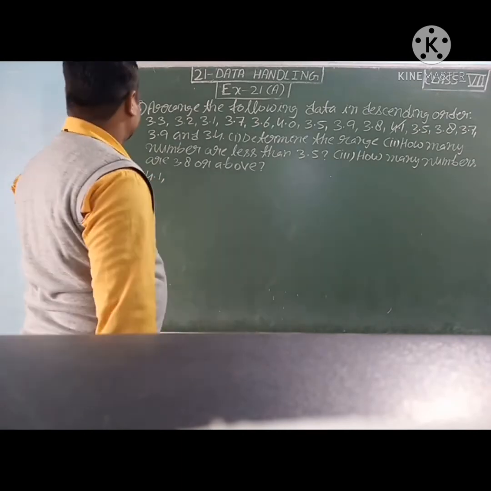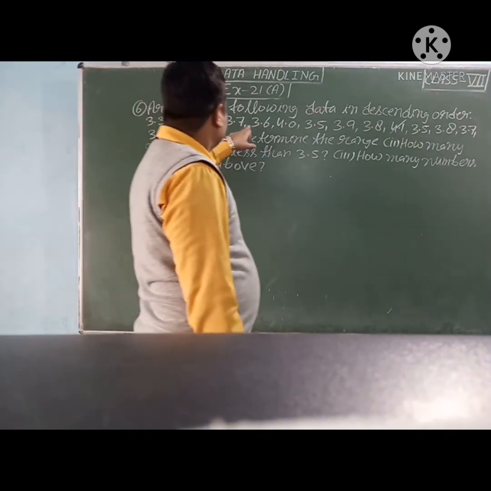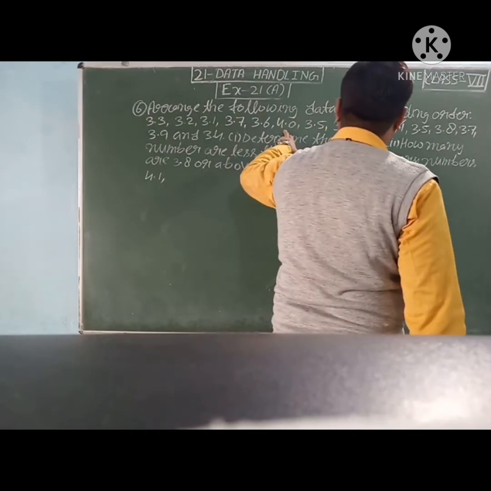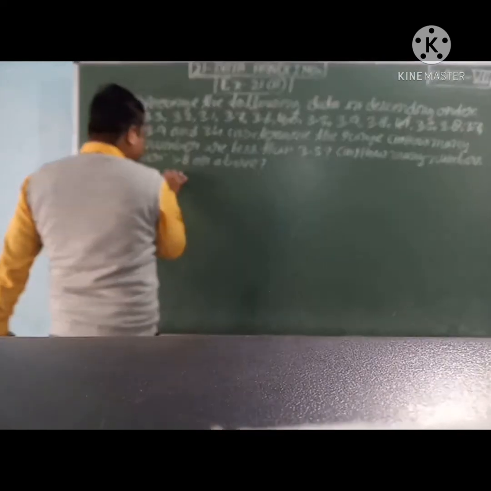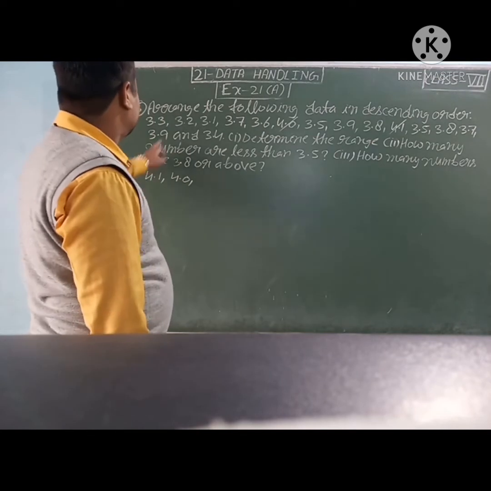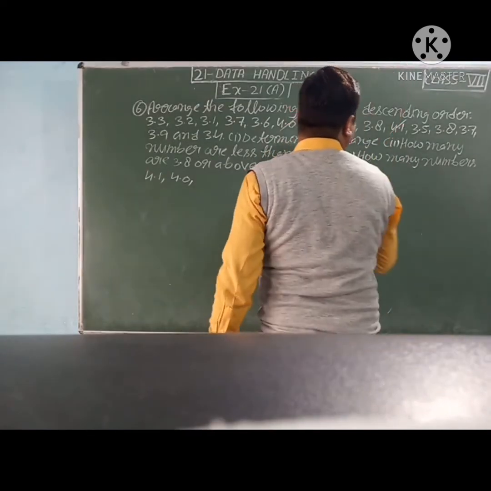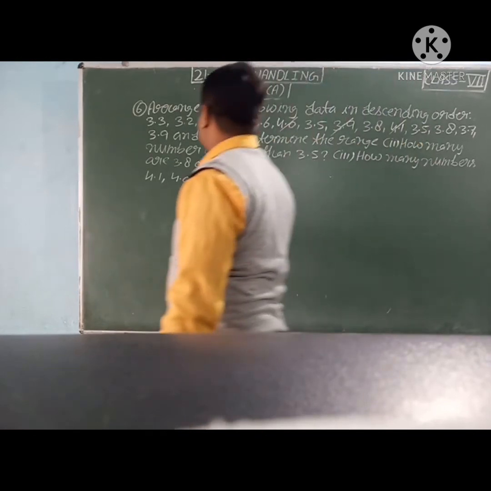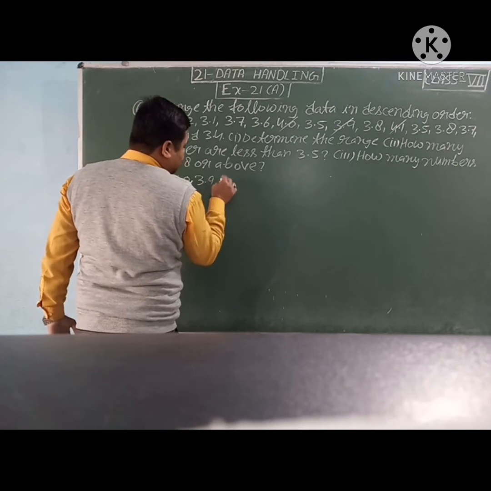Then after 4.1, 4.0, any other 4.0? Only one. So we will take 4.0. Then yes, 3.9, 1, 2. 2 times 3.9.